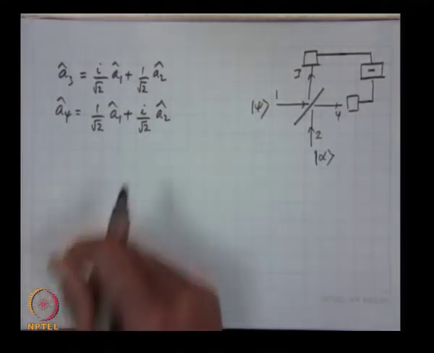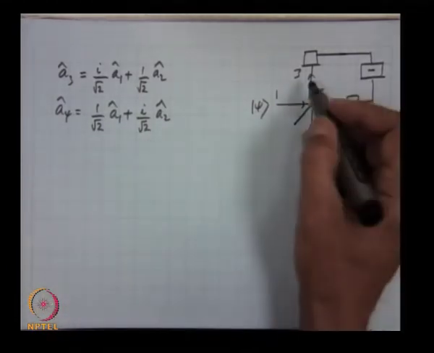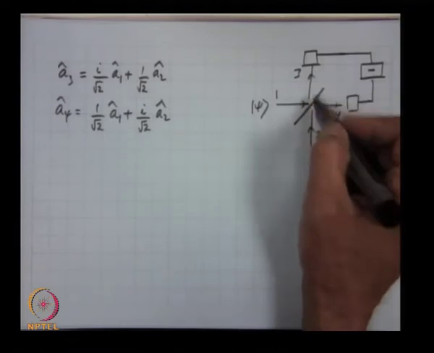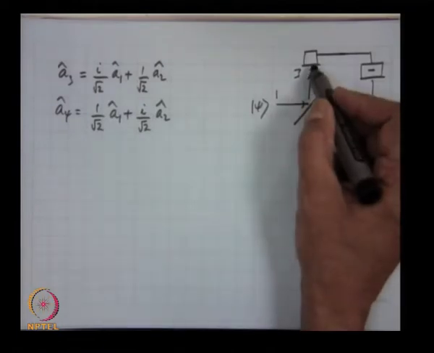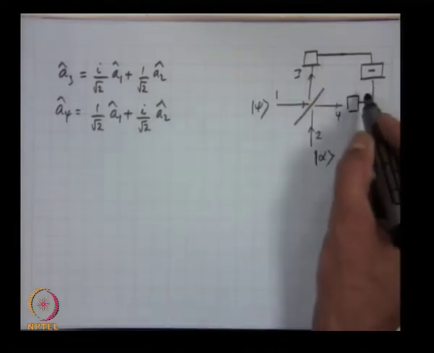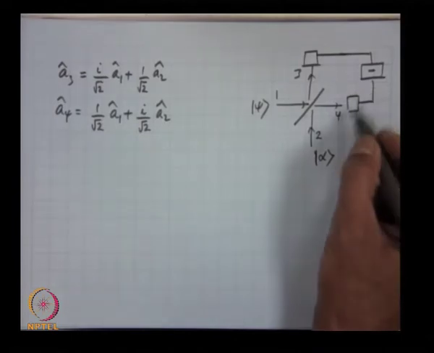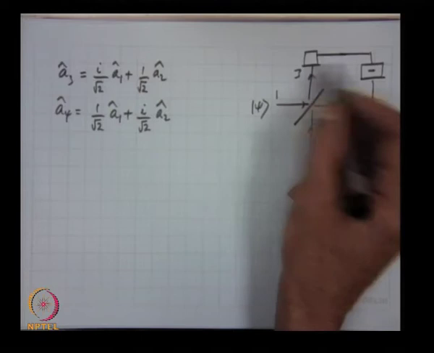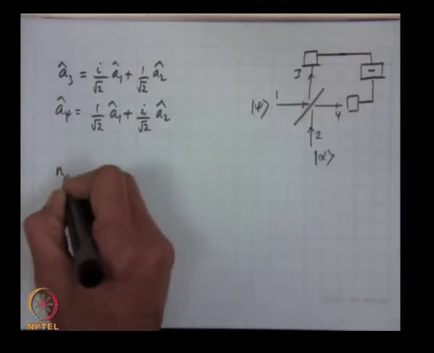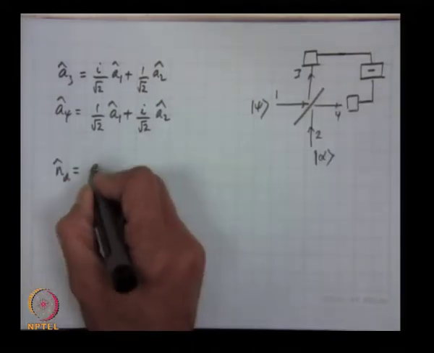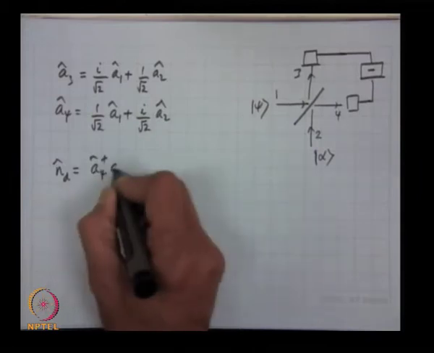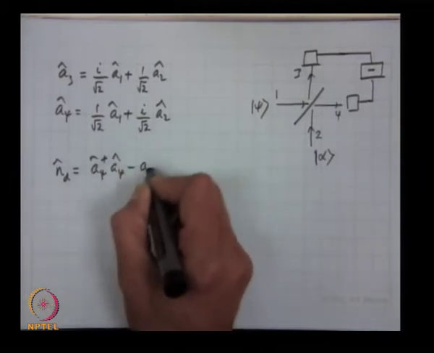So what we are actually detecting is the expectation value of the number operator here, and then subtracting them. So the expectation value of the number operator here is expectation value between A4 dagger and A4. Here it is A3 dagger and A3, and we are subtracting. So what we are trying to do is a measurement of this operator, which is A4 dagger A4 minus A3 dagger A3.